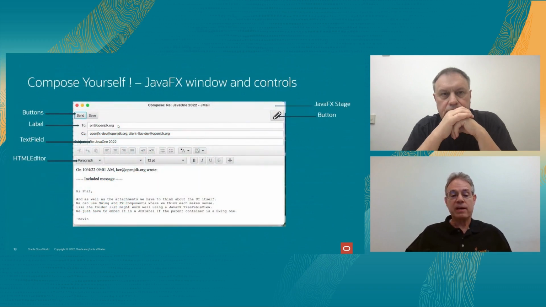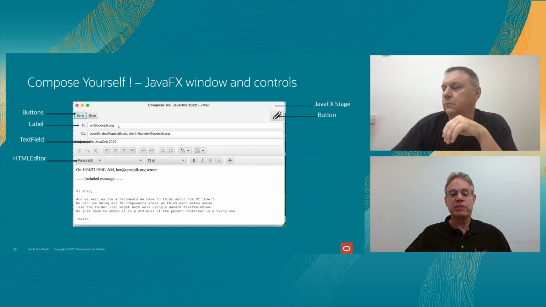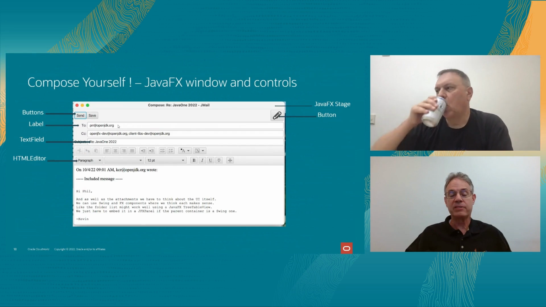The other place we used a window which is separate from the main JMail window is in the composition that Phil showed you. When you press the compose button, we actually pop up a JavaFX top-level stage. And so the composition window is made up of a couple of panels, and the first one you see along the top is a collection of buttons for sending, saving, and attaching.